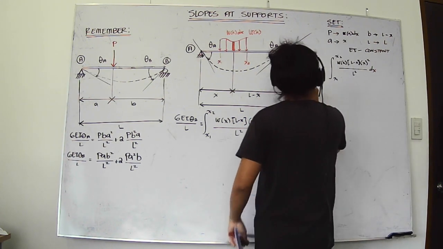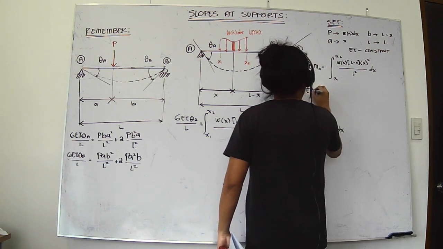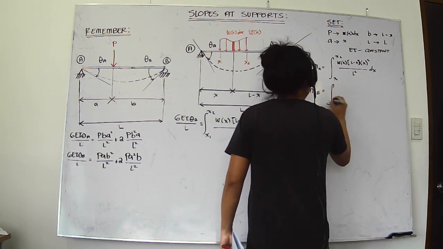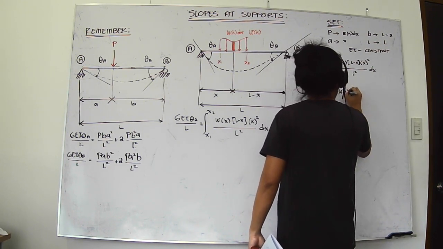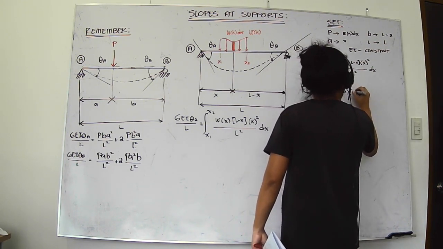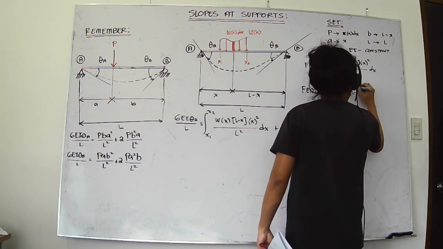So that is our FEM A. For FEM B, we need to remember this as well: wx times L minus x squared times x divided by L.